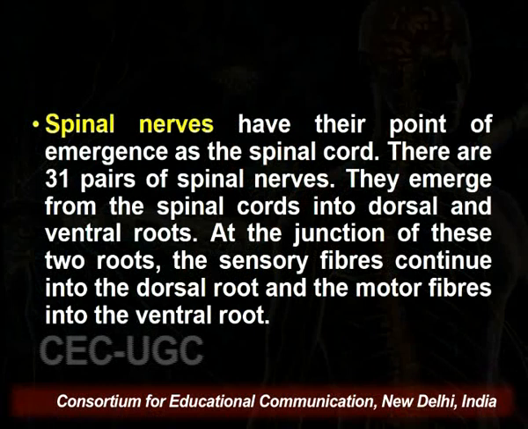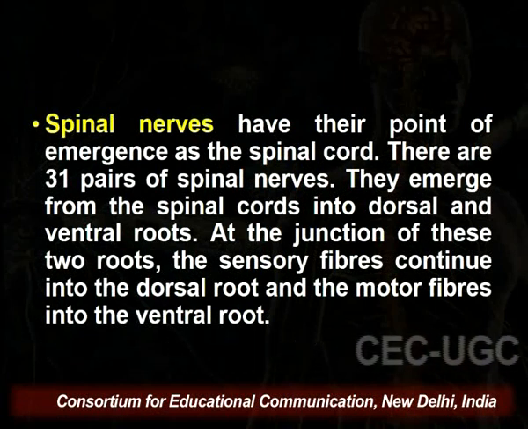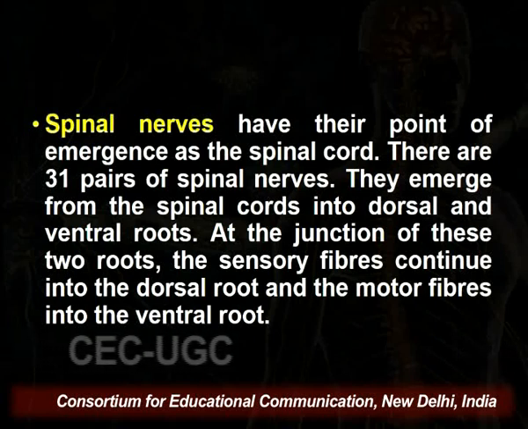There are 31 pairs of spinal nerves. They emerge from the spinal cord into the dorsal and the ventral roots. At the junction of these two roots, the sensory fibers continue into the dorsal root and the motor fibers into the ventral root.